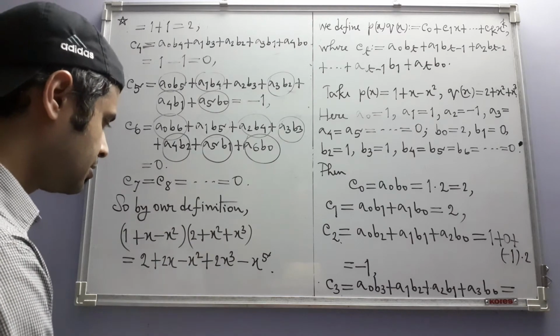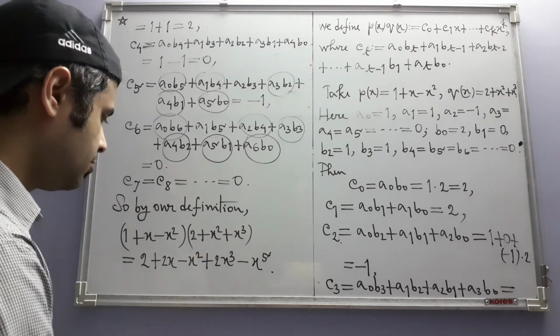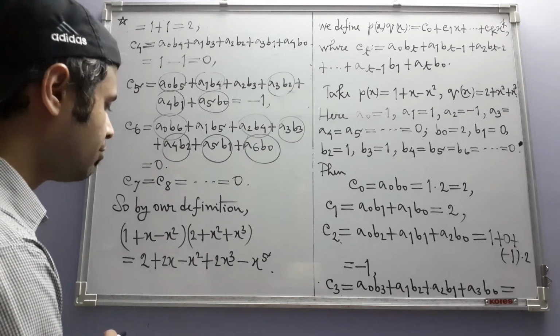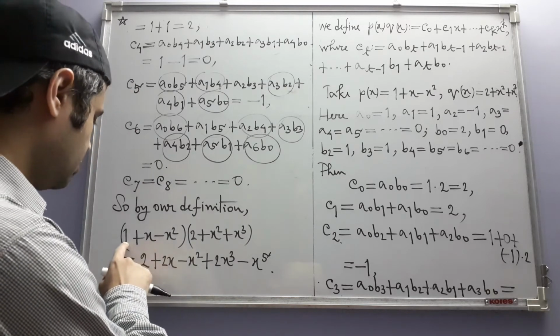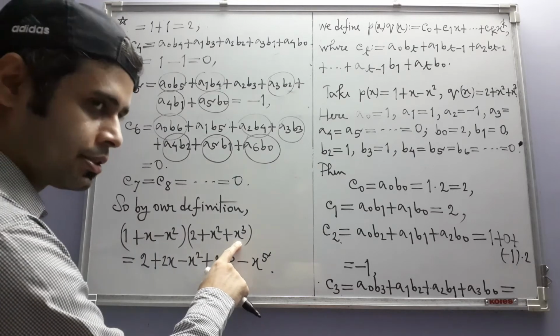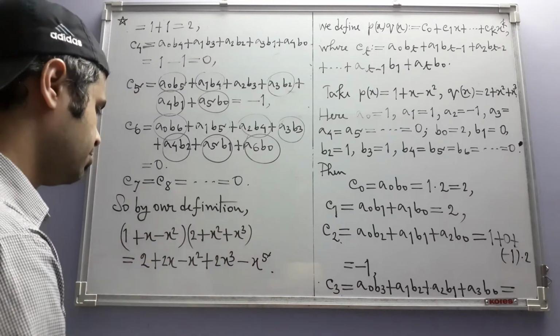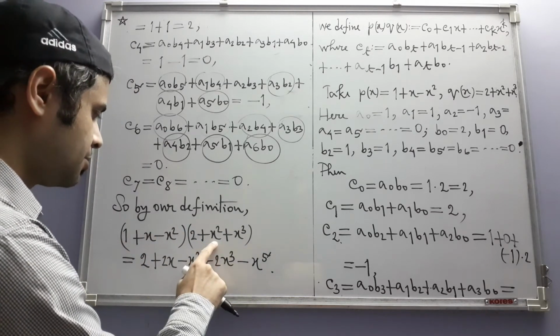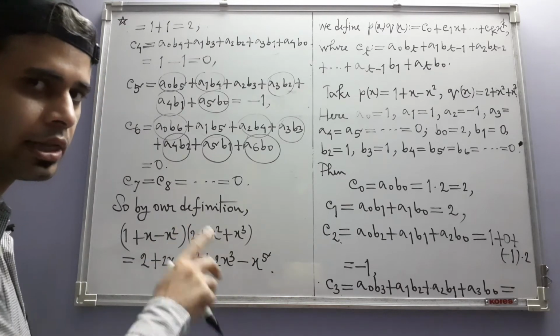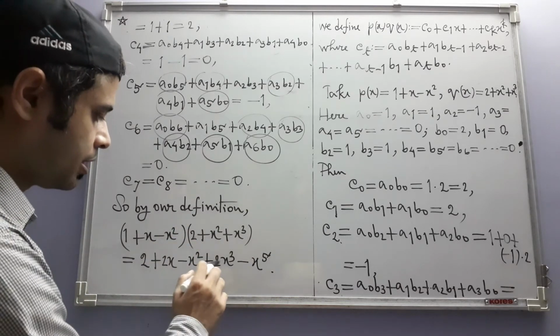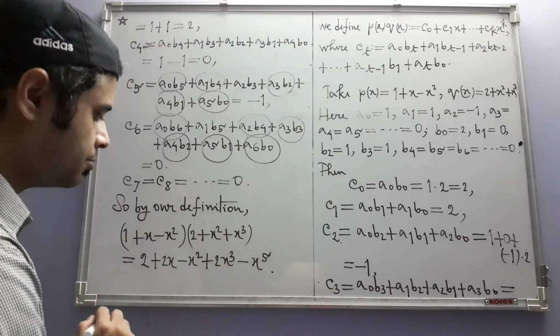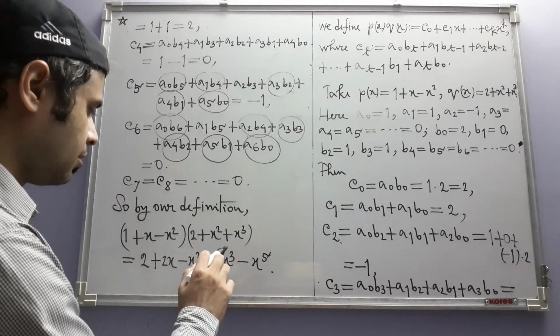What about x cube? You will get x cube in two different ways. One is multiplying 1 with x cube, so that gives us 1 x cube, and the other x cube is multiplying x with x square, so that gives us another x cube. So x cube plus x cube is 2x cube.